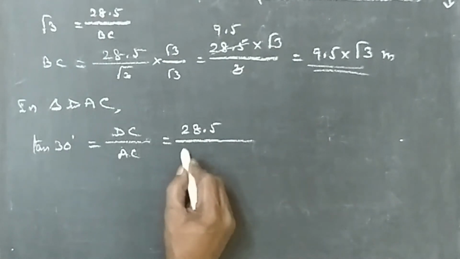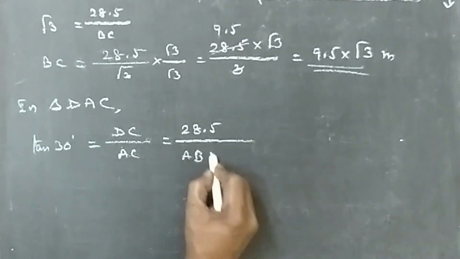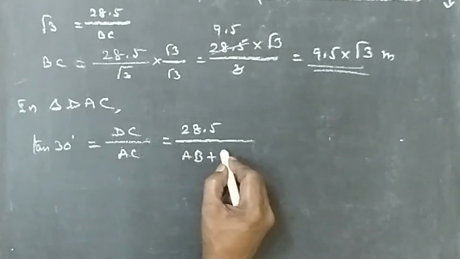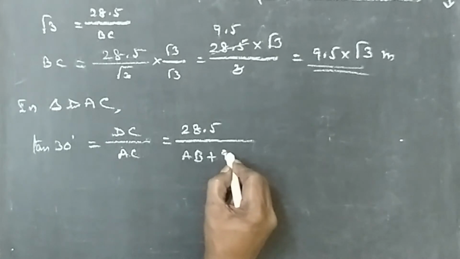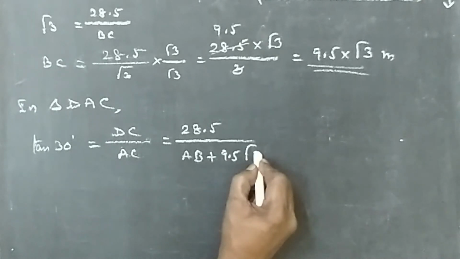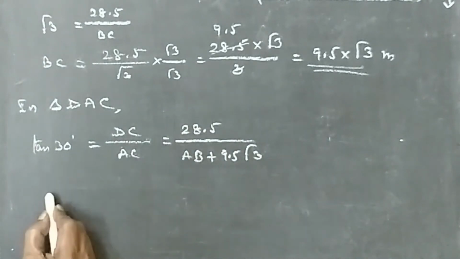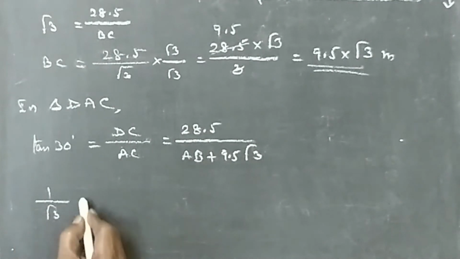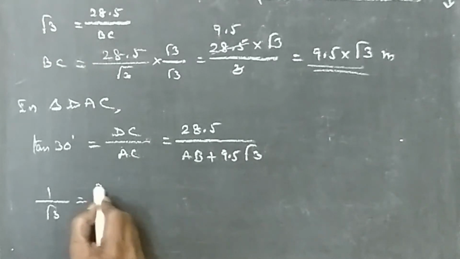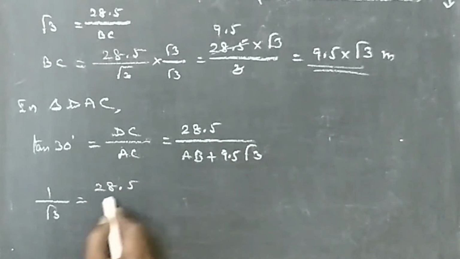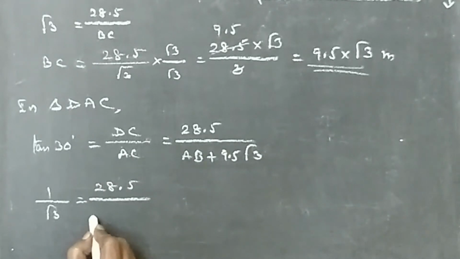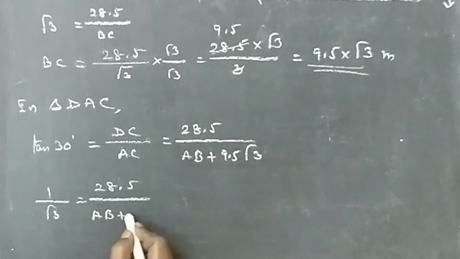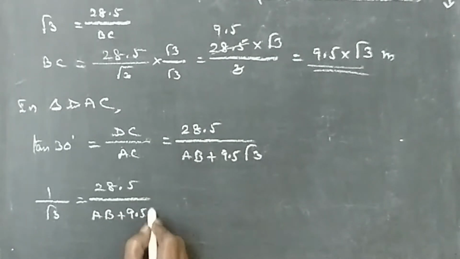Here AB plus 9.5 root 3, that is 1 by root 3, is equal to 28.5 by AB plus 9.5 root 3.